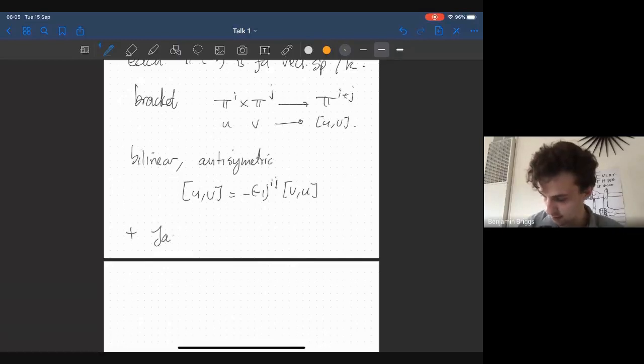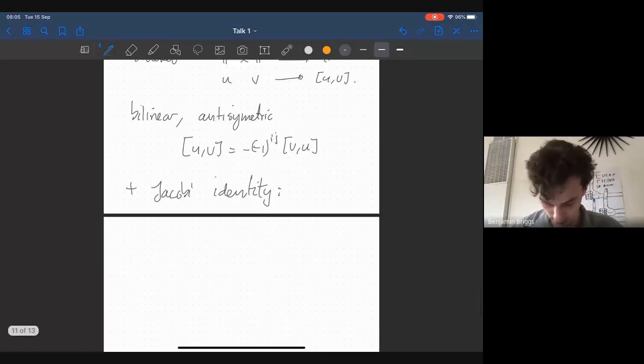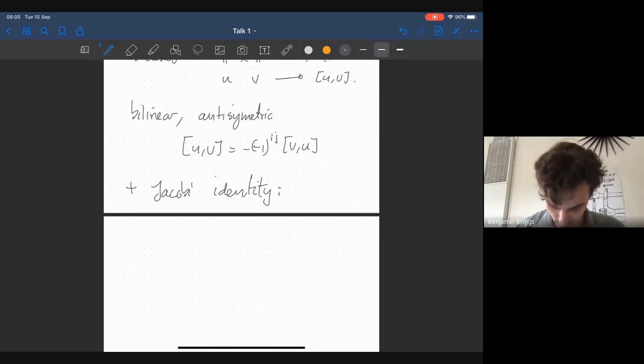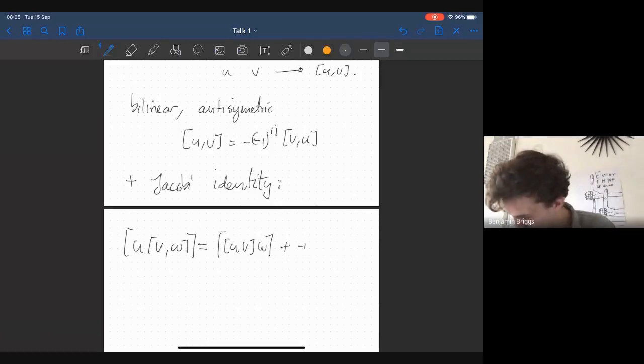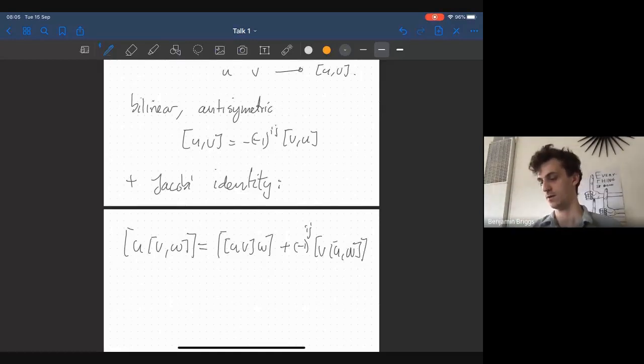And plus the Jacobi identity, which goes like this: the bracket of u with the bracket of v and w is the same as the bracket of u and v with w, in this order, but it's not associative. You also have a sign of minus 1 to the ij times the bracket of v with the bracket of u and w. So the Jacobi identity is sort of like a replacement for associativity. It satisfies some other thing instead.